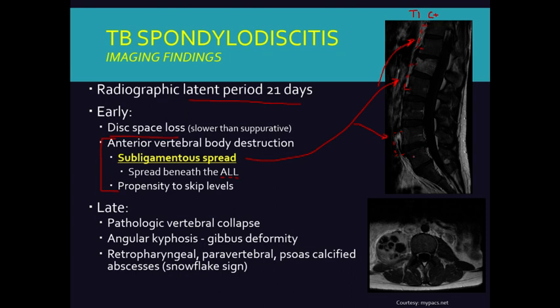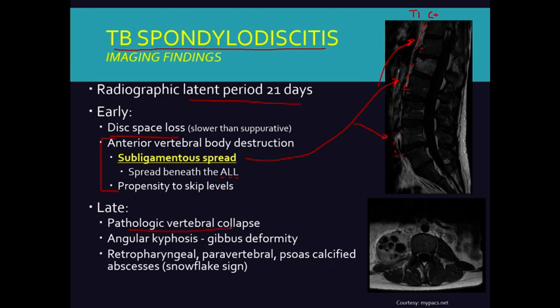So we can have change in one level, and then it skips, and then it goes to the other ones, and then it skips, it goes to the other ones. This is consistent with TB spondylodiscitis. And this subligamentous spread, or multiple motion segment involvement, is what makes me say TB is the infective organism versus a regular Staph aureus spondylodiscitis. The Staph aureus one tends to only affect one motion segment.